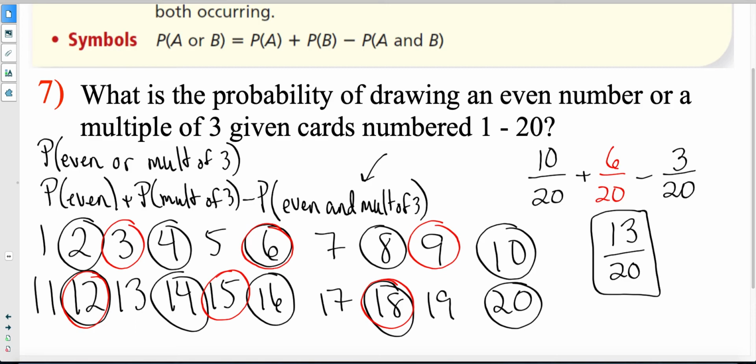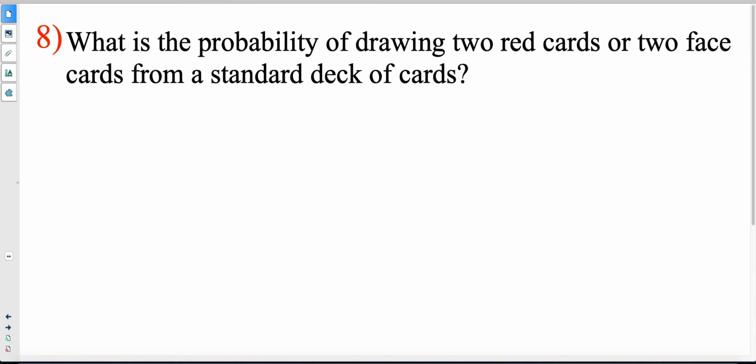Okay, let's look at another one that has some overlap. So what's the probability of drawing 2 red cards or 2 face cards from a standard deck of cards? Okay, so we need to figure out how many of each we have and which ones are going to overlap. So let's write that out. We have probability of 2 red or 2 face cards.